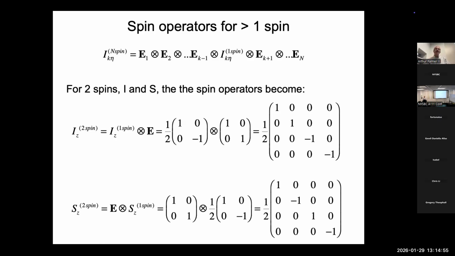When I have just 1 spin, the IZ operator was 1 on the diagonal, and then a -1 on the diagonal.